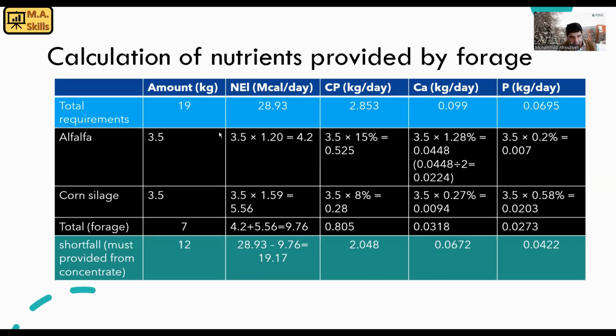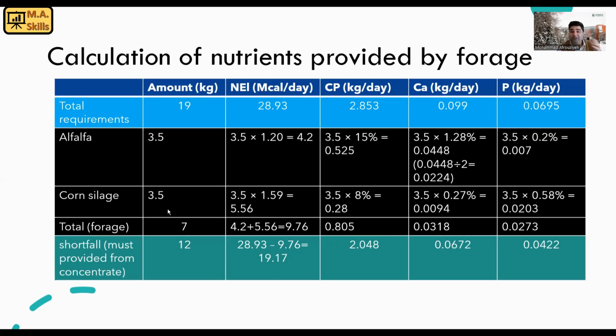So we said from 19 kilo feed dry matter intake, we're gonna have 7 kilo for forage and 12 kilo for concentrate, right? So here I'm going to just divide this 7 by 2.